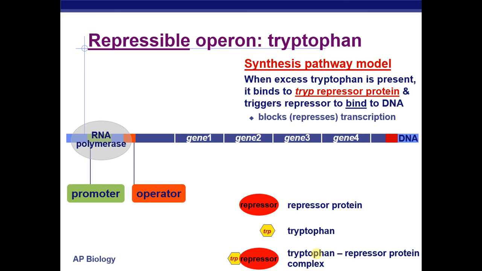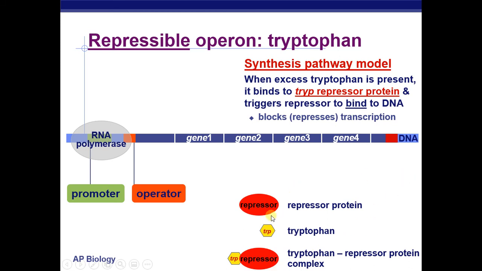Let's talk about 2 variations on that, which are called the repressible and the inducible operons. And these are things that you will need to be very familiar with. So here's an example of a repressible operon. Let's just call this the tryptophan operon. And it's a synthesis pathway. When excess tryptophan is present in the environment, the tryptophan binds to the tryptophan repressor protein.